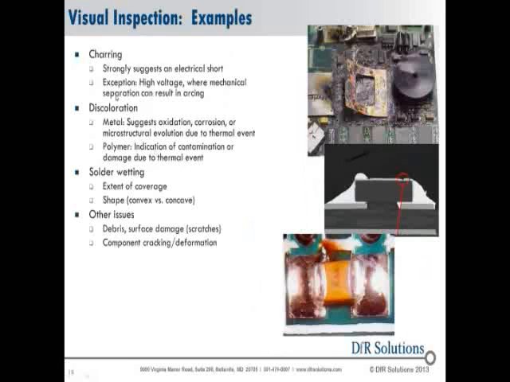So when you're doing your visual inspection, you want to look for any signs of charring, discoloration, or perhaps soldering problems, insufficient solder, poorly positioned solder. You could also be looking for debris, contaminants that are left in your circuit board or maybe got wedged underneath your components.